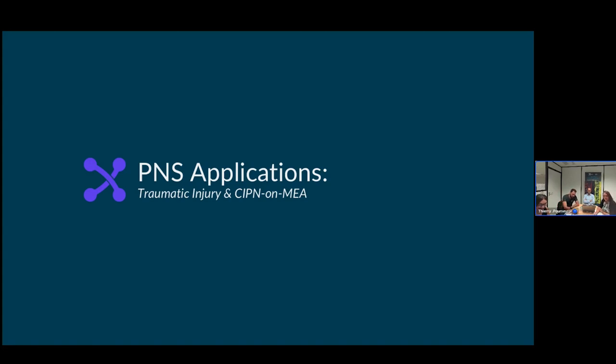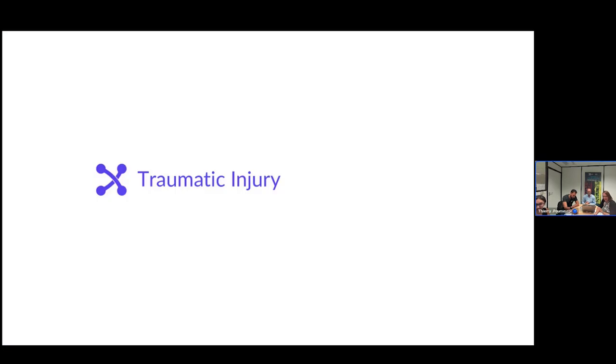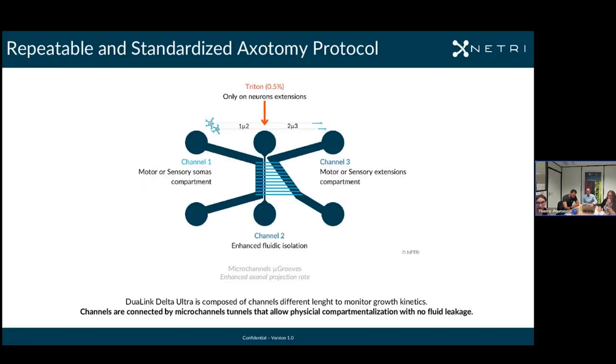I will present first the work we've done regarding traumatic injury, and then the work on CIPN applications. So first, regarding traumatic injury. We developed a repeatable and standardized axotomy protocol using the chip called the Dualink Delta.